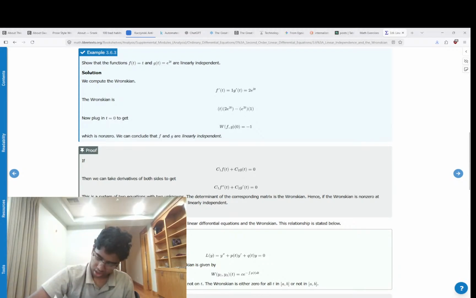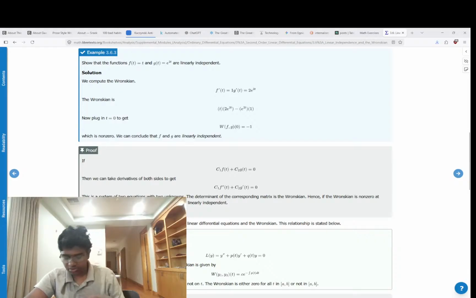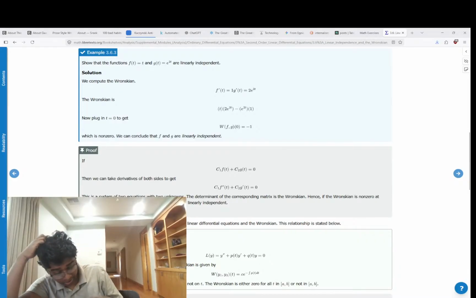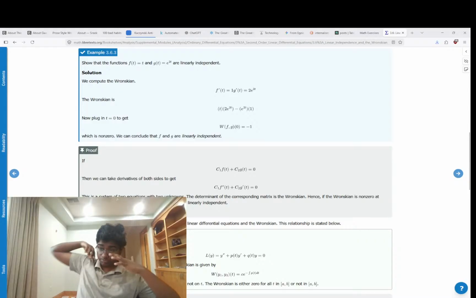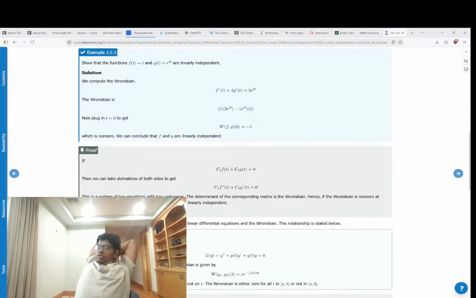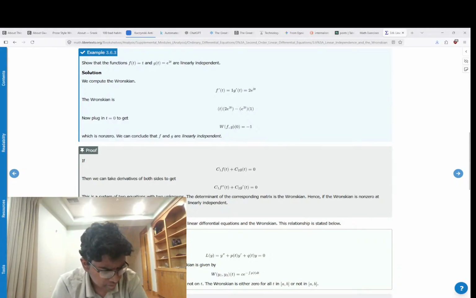I think we can determine whether stuff's linearly independent pretty well now. It's pretty simple. Just put it into the Wronskian and plug and chug. Okay.